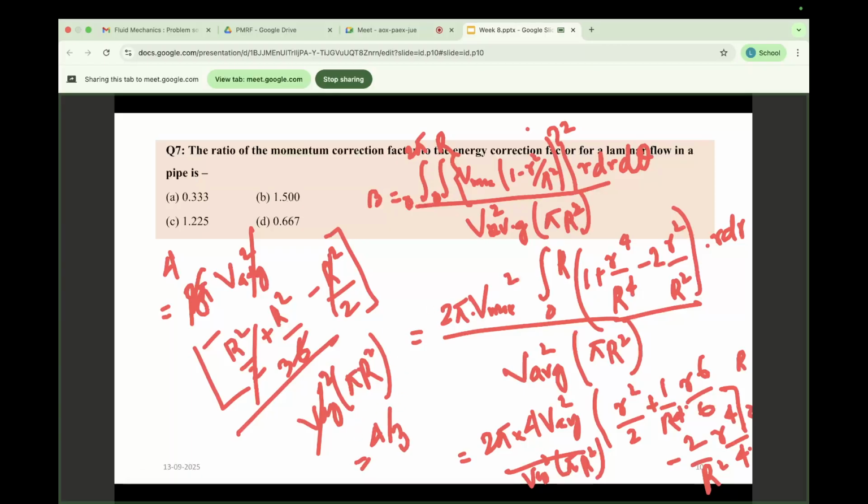Similarly, you can find out alpha. If you solve alpha, alpha will be 2. So, Ratul, your answer is correct. You need to find the ratio of beta by alpha, because beta is for the momentum equation I have considered.